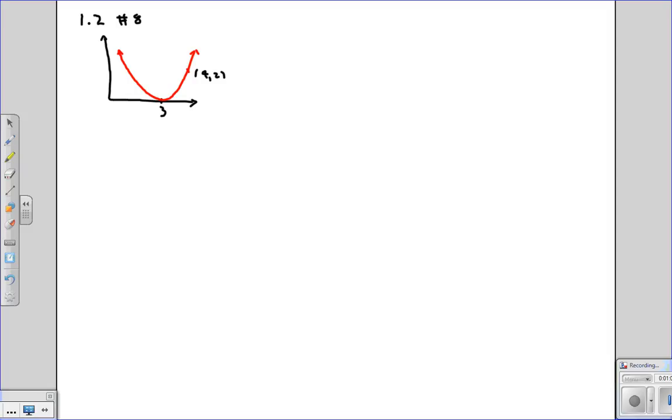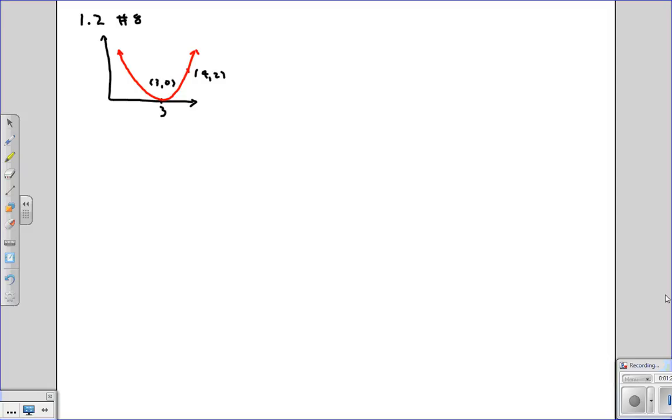So there's actually a second point that it goes through, which is (3, 0). Usually 2 points are not enough to allow you to deduce what the parabola is, but the second point, (3, 0), is special. It happens to be at the lowest point.